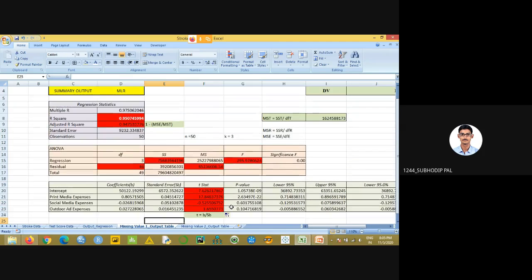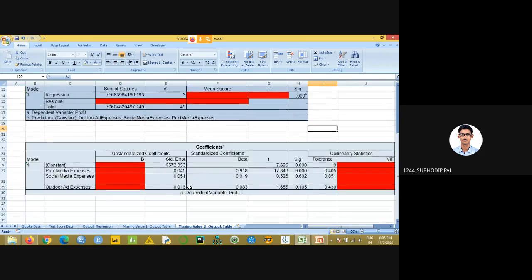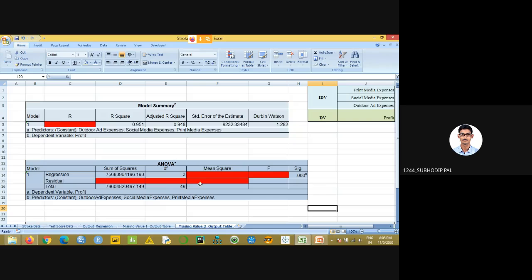Any doubt in that? Or I have another problem you have to calculate right now. Let's calculate this. Can you do that? R is 0.9752.